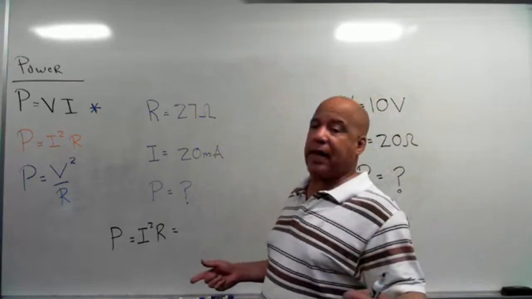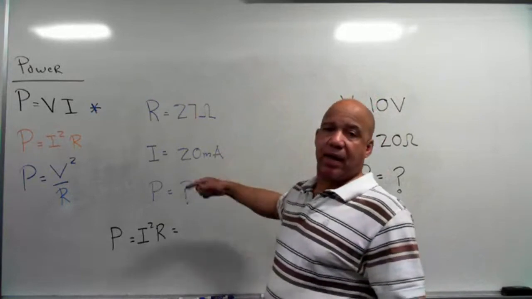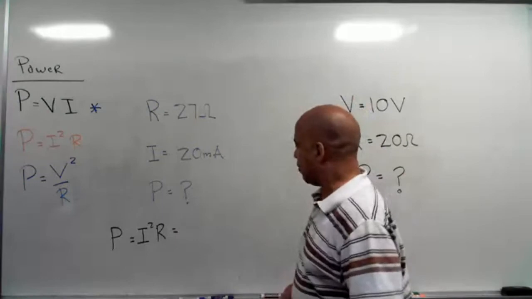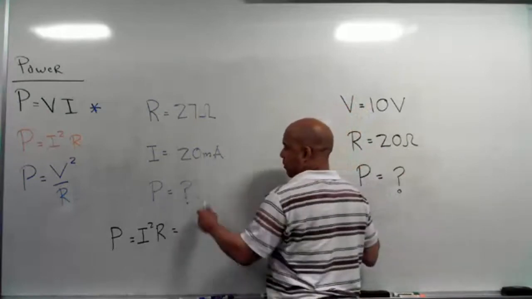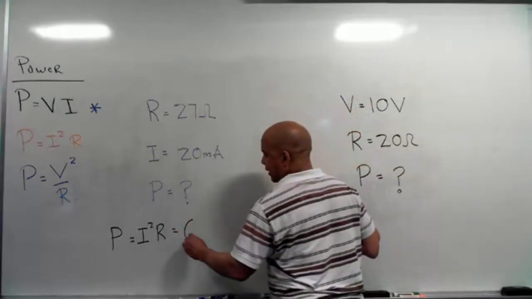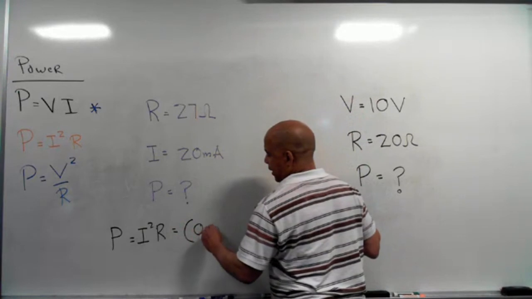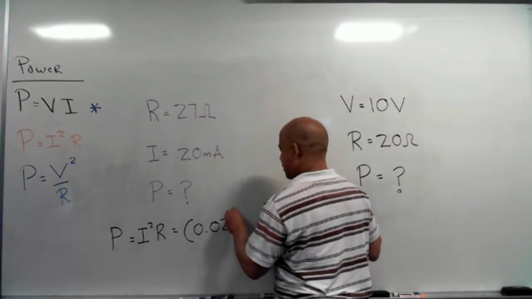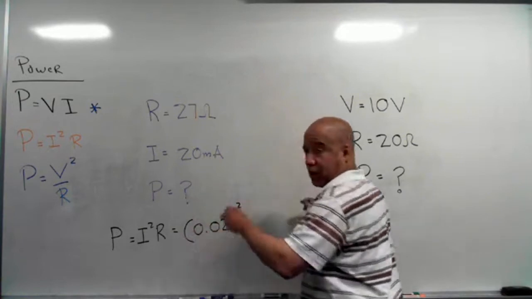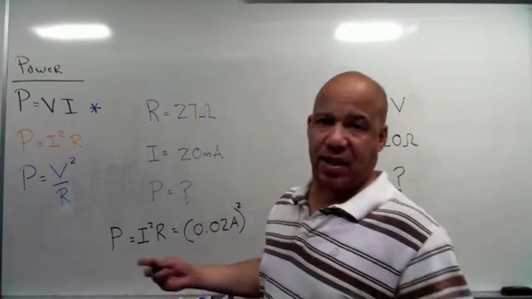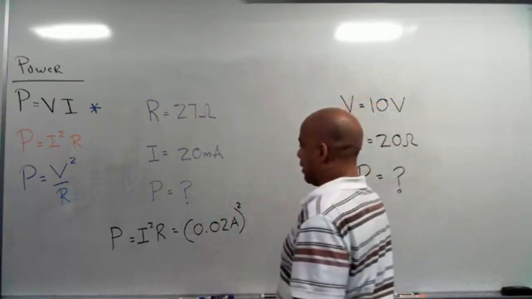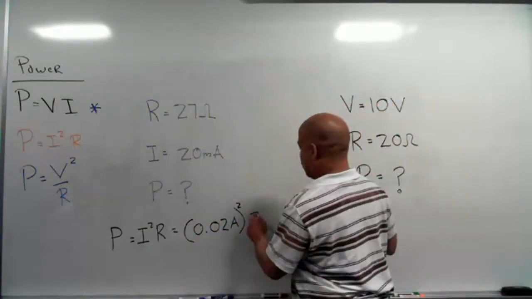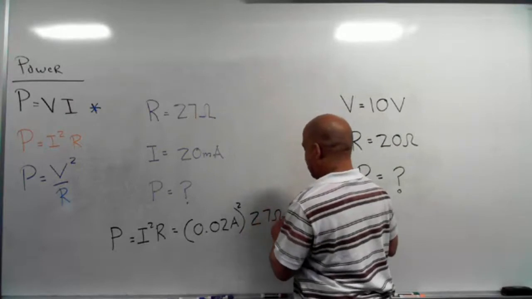If you put it in your calculator the right way, it won't make a difference, but I usually do this by hand. So instead of writing 20 milliamps squared, I'm going to write 0.02 amps squared, and I'm going to convert it at the end to milliwatts, kilowatts, or whatever it turns out to be. So I have I squared, 0.02 squared, times R, which is 27 ohms.